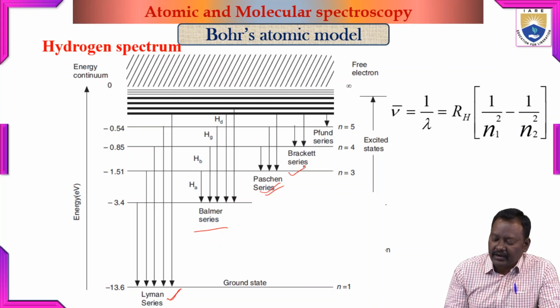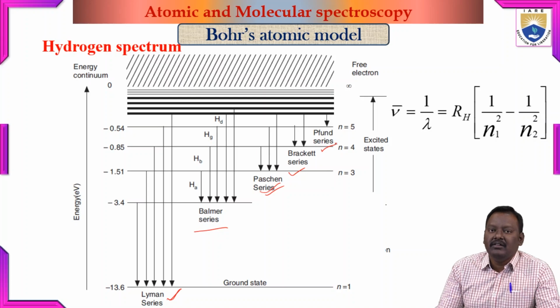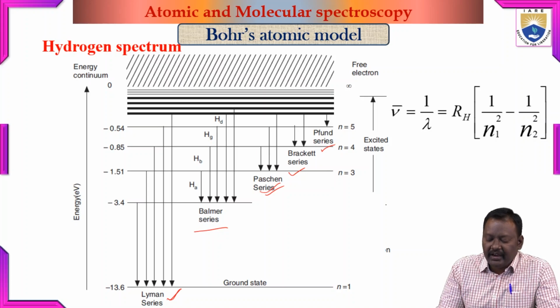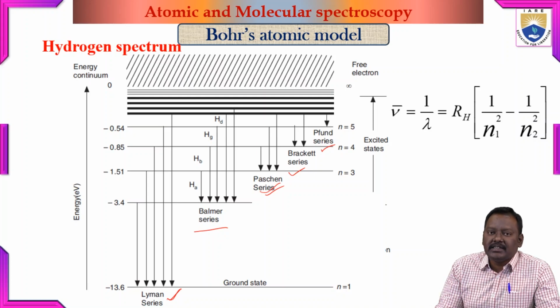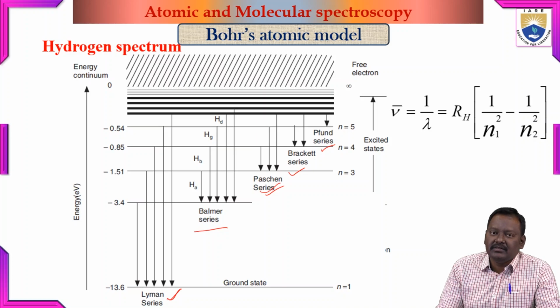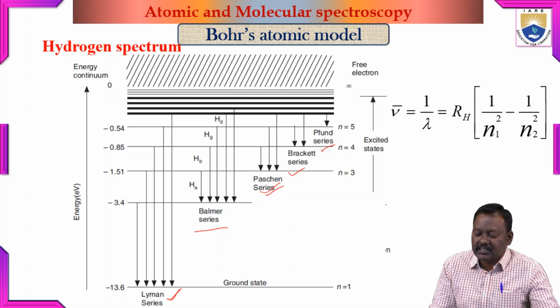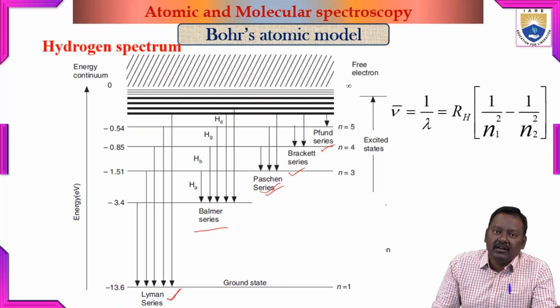Brackett and Pfund are in the far IR region. In this way, Bohr's atomic model successfully explained the emission of light by the hydrogen atom, and why the lines form in those particular orderly manners.